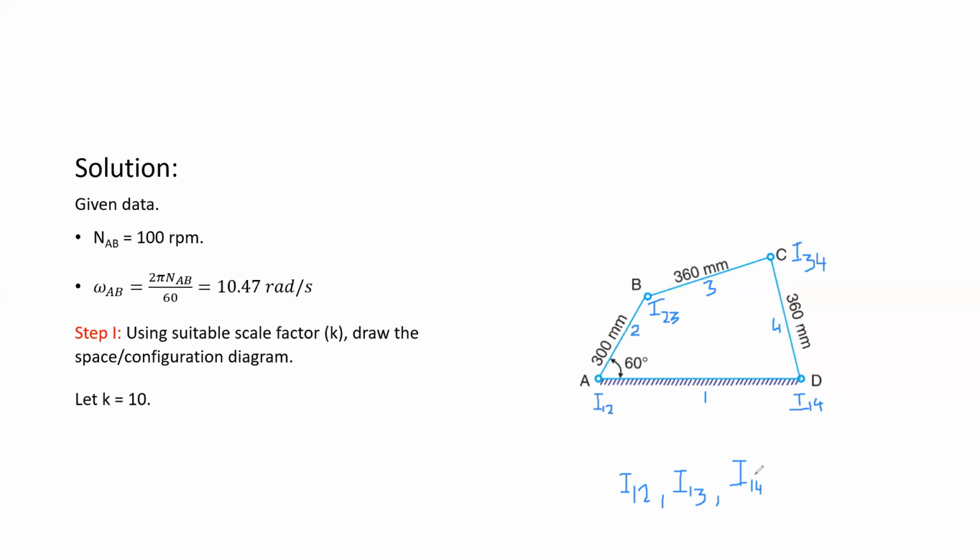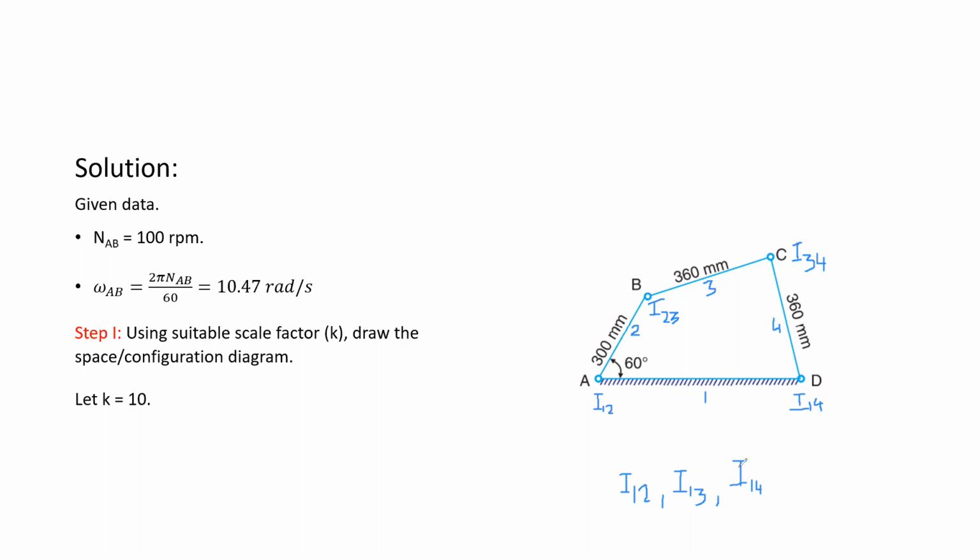We need the ICRs which are related with the fixed link: I12, I13, I14. I12 is the ICR of link 2, I13 is the ICR of link 3, and I14 is the center of rotation of link 4. So point I14 is the point about which link 4 is turning or rotating.